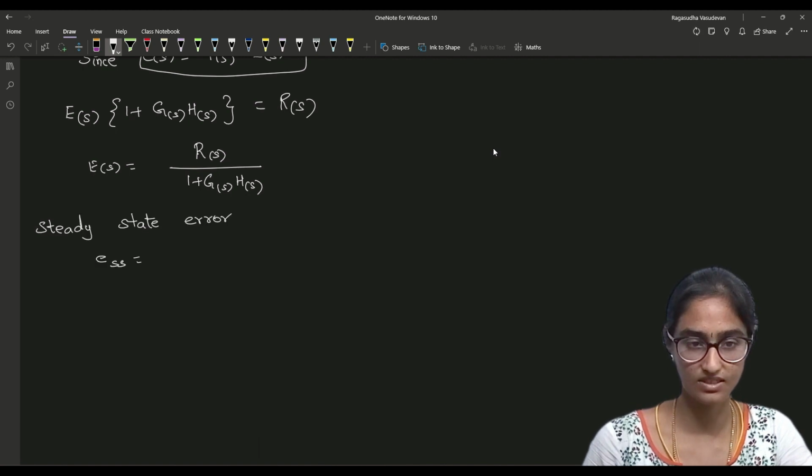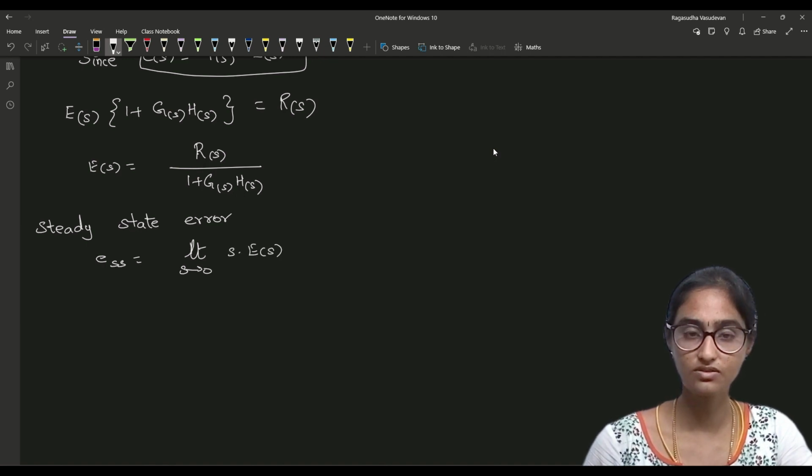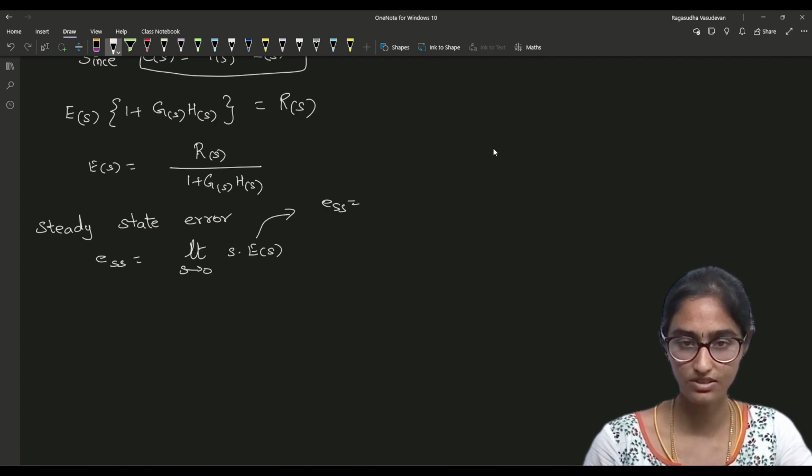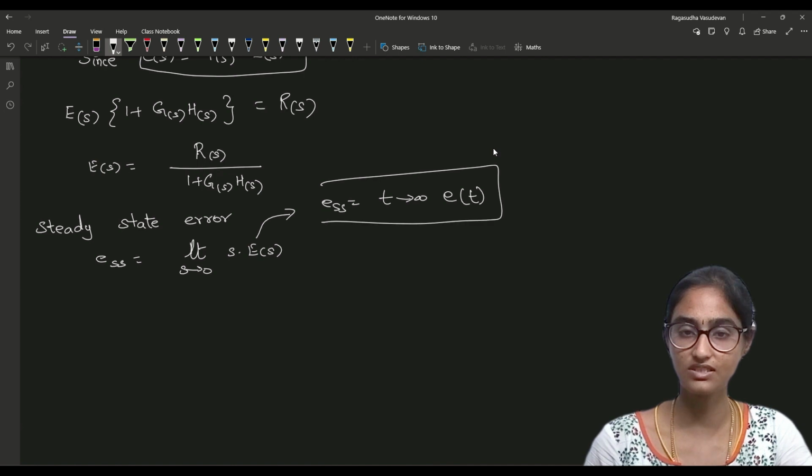So what is the steady state error? The steady state error is equal to limit as s tends to 0 of s into E of s. This E of s is actually the steady state, at time t tends to infinity, the value of E of t. This is the steady state error.